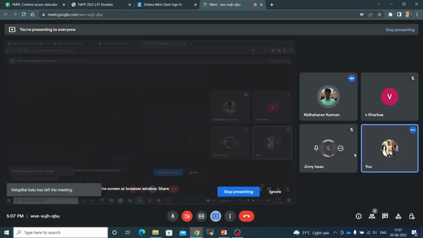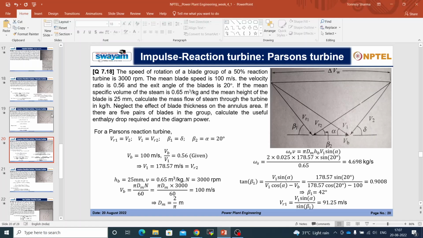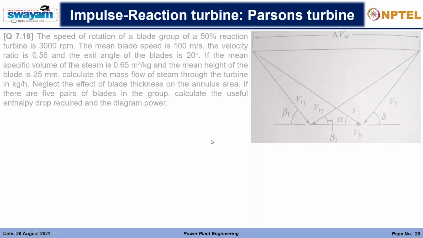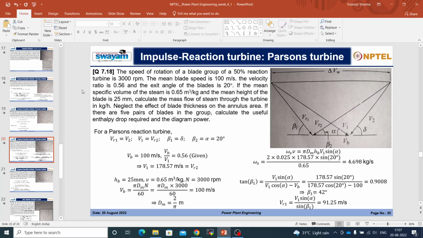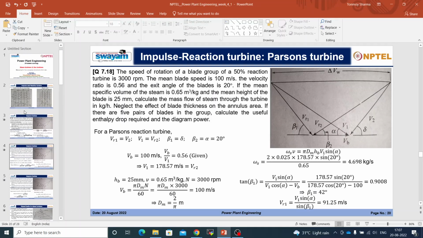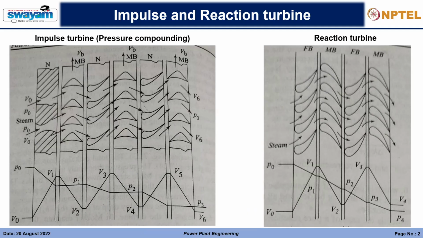Okay then. Hello. Sir, I have a doubt, sir. Sure. Sir, could you please move to the second slide, sir? Second slide, right? Okay. Actually, this is the diagram which is given in the book. Yes. I couldn't understand the physical nature of arrangement of turbines, sir.